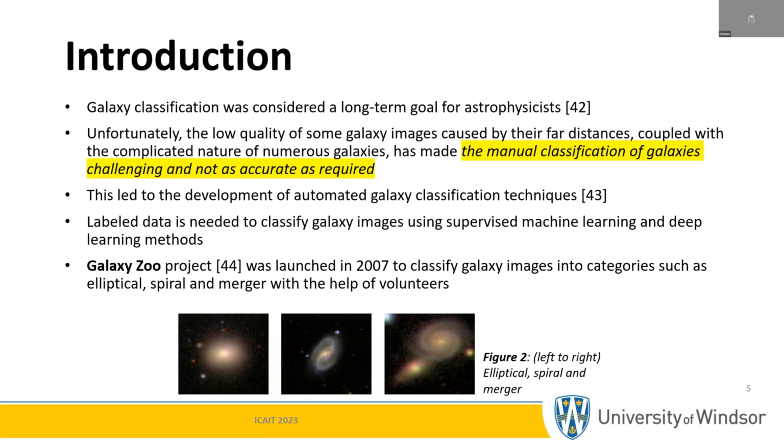At the back end, statisticians, like our professor sitting here, analyze all the data, then they have some kind of consensus, saying the majority of people think the image on the left is an elliptical galaxy, the one in the middle is a spiral, the one on the right is two galaxies merging together. So yeah, we need people's help to do this.